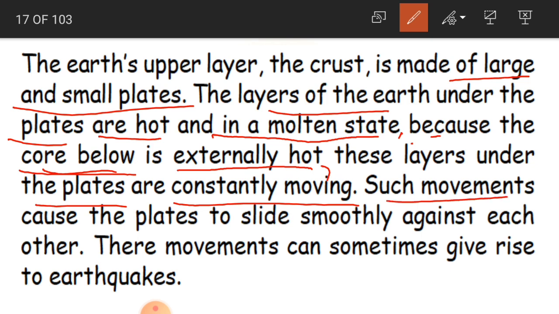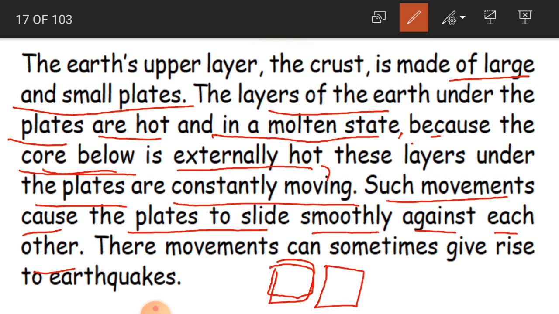Such movements cause the plates to slide smoothly against each other. So as we said, they move very slowly, and sometimes they slide against each other. Suppose this is a plate of the crust, the upper layer, and this is another plate of the crust.